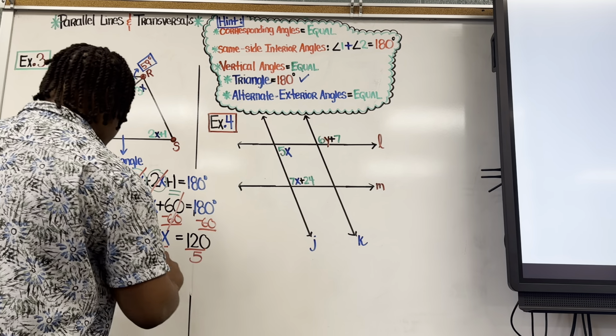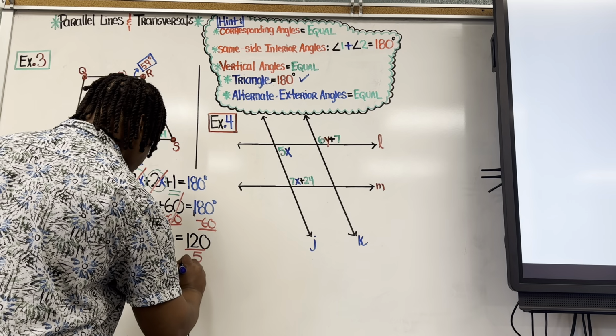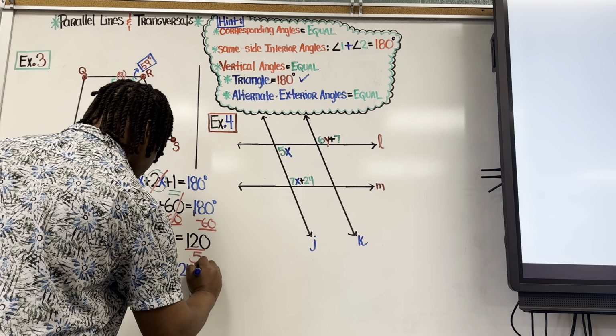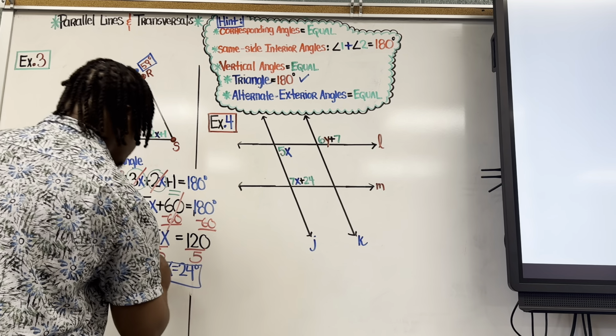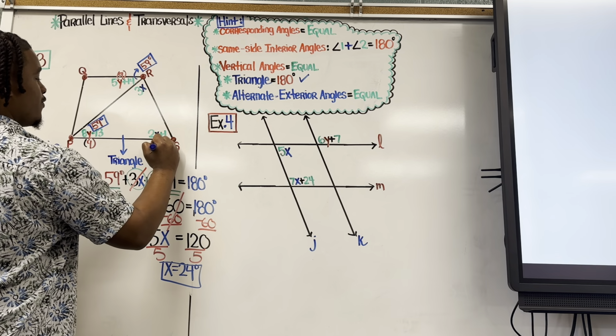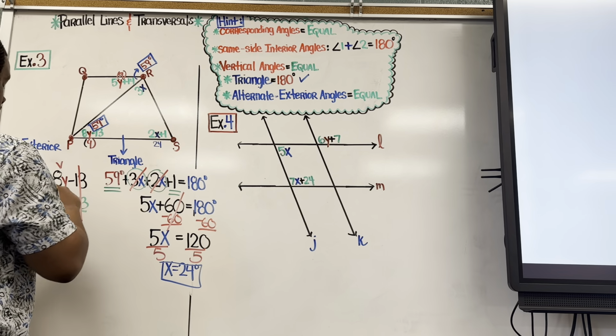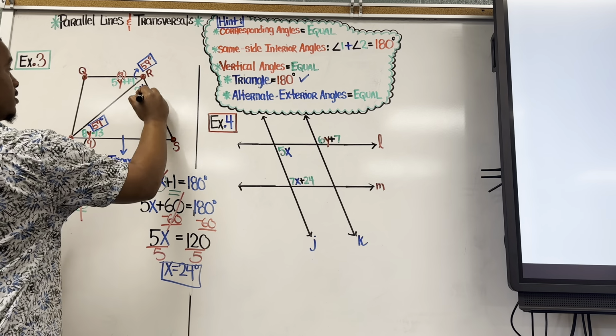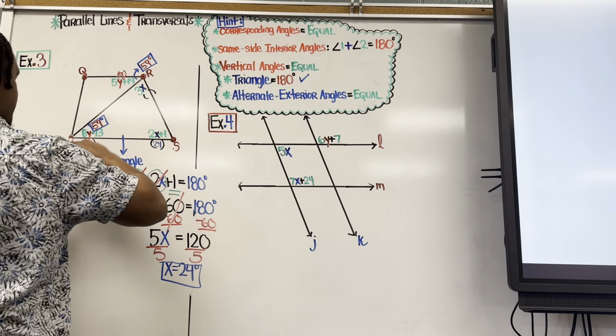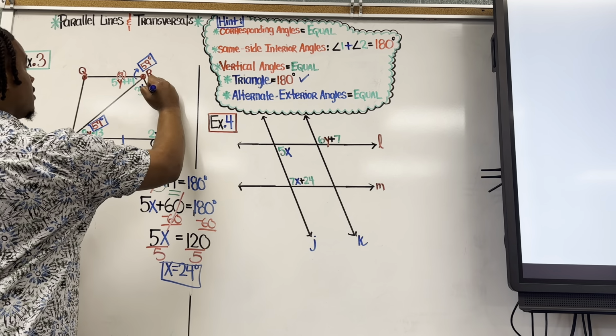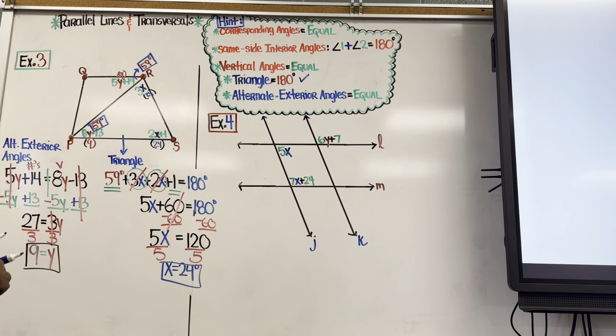X will equal 24. Okay? So if I just plug in 24 as x in these two particular expressions, right, I can actually get the value of those particular angles, okay?